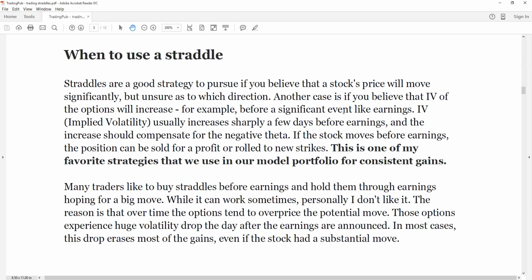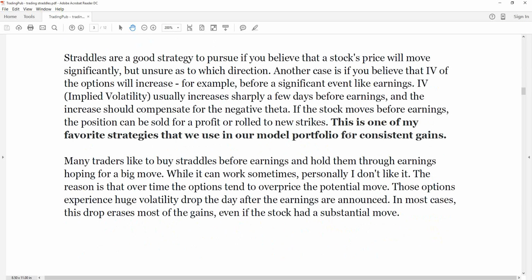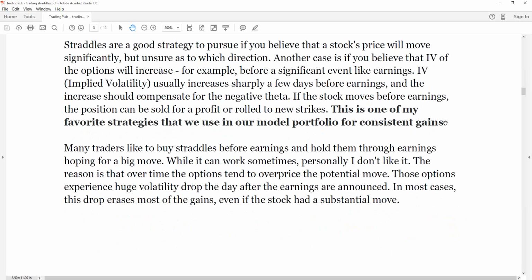So when we have earnings that come in 1, 2, or 3 weeks, implied volatility usually increases sharply a few days before earnings, and the increase should compensate for the negative theta. If the stock moves before earnings, the position can be sold for a profit or rolled to new strikes. And this is one of my favorite strategies that we use in our model portfolio for consistent gains.